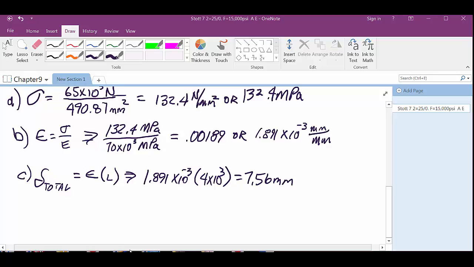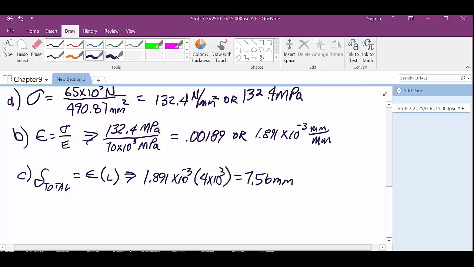What else? Does this work okay here? Jabril, I didn't see where you got 70,000 for E. That was on page 502, I think, in the back of the book.